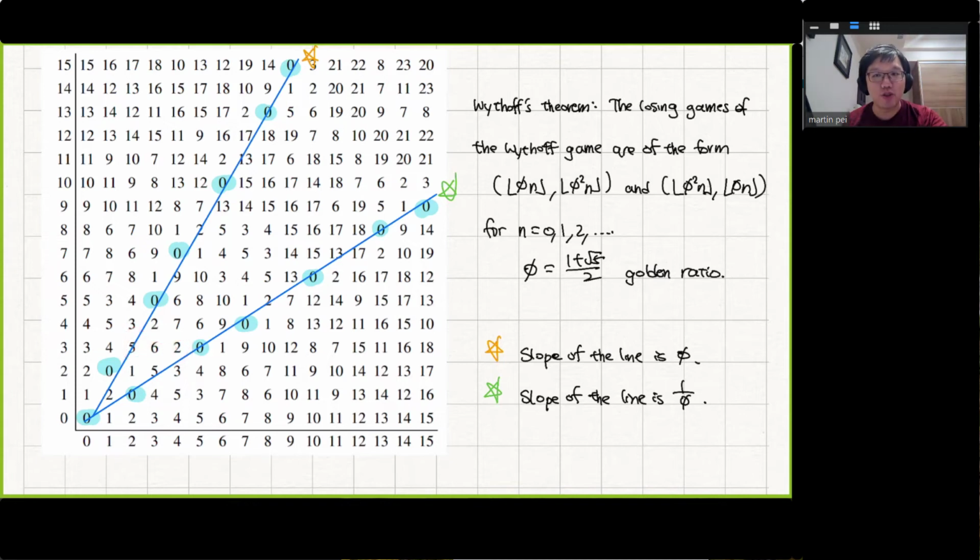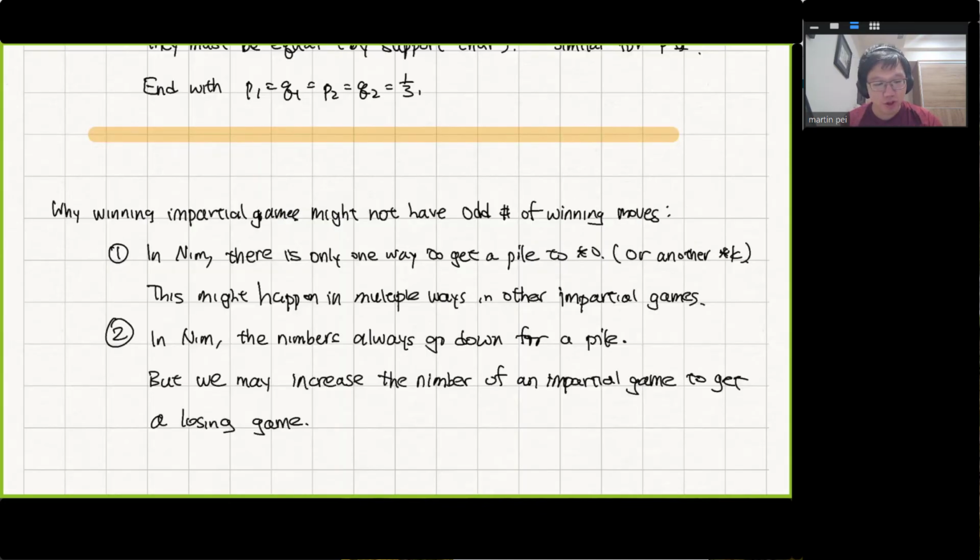Then it becomes star 5 plus star 5, which is a losing game. That's why Poker NIM is part of that section of the course. So those are the 2 reasons I can come up with for why this is weird.